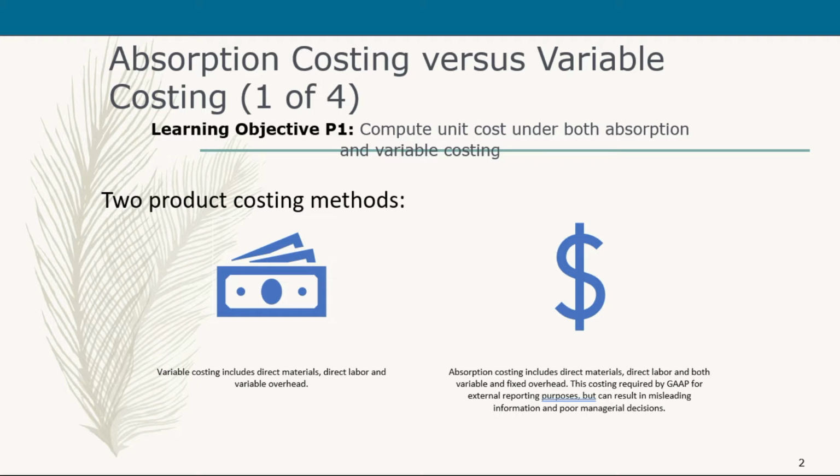Okay? Why? Later on, we will have a preview of why absorption costing is not a good tool for managerial decisions. So if that is the case, variable costing is a more appropriate tool for managerial decisions. Okay?